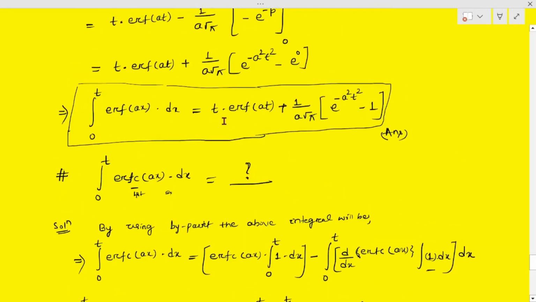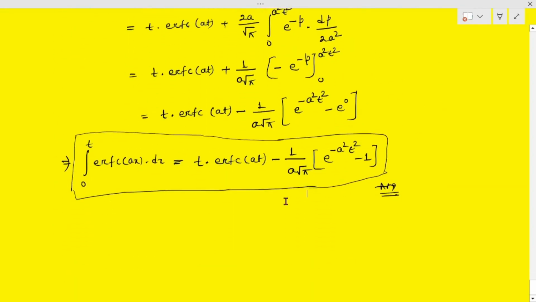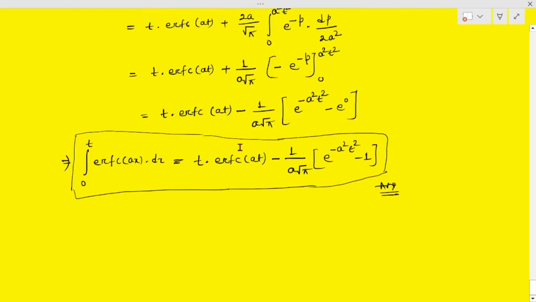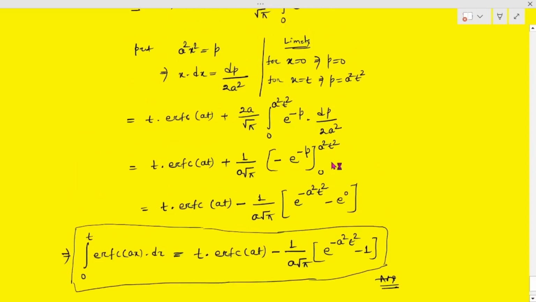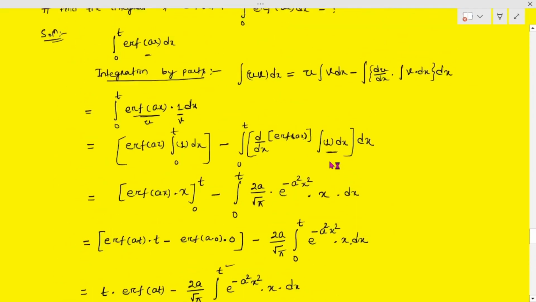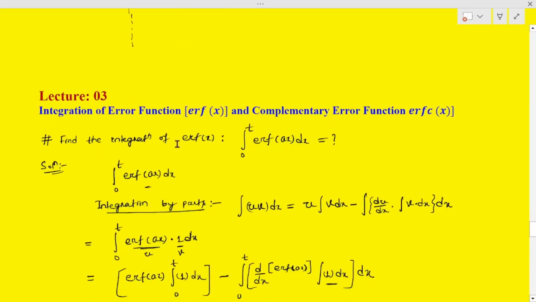Same terms: t into error function of at plus 1 by a root pi e to the power minus a square t square minus 1, and here t into complementary error function of at minus 1 by a root pi e to the minus a square t square minus 1. So this is all about integration of the error function and complementary error function.